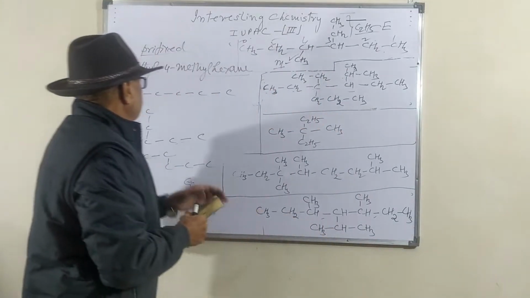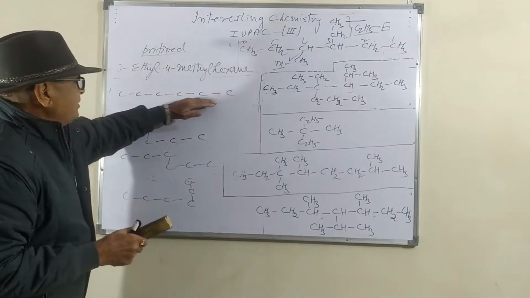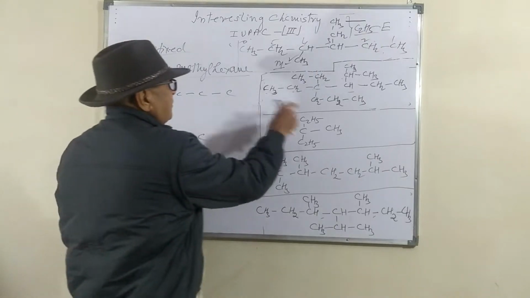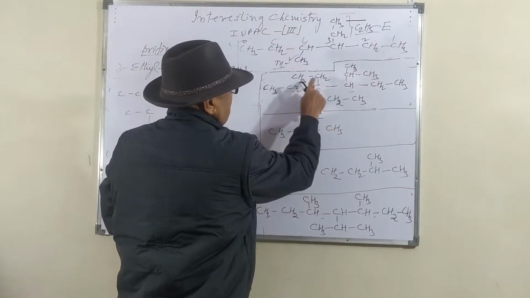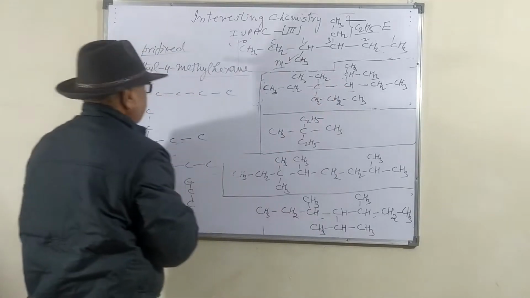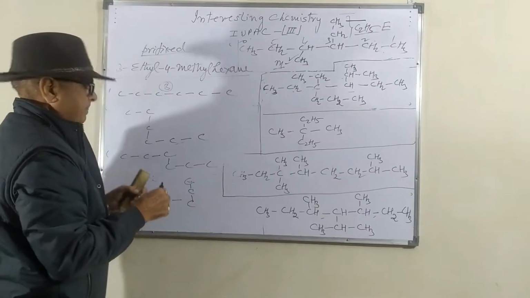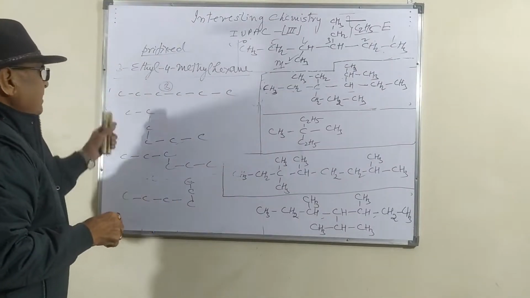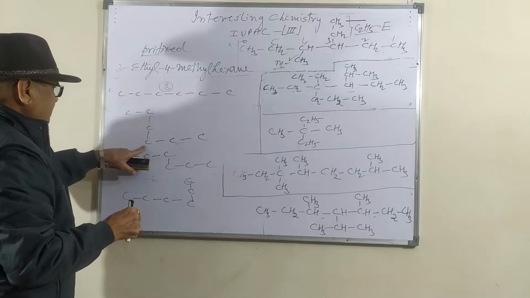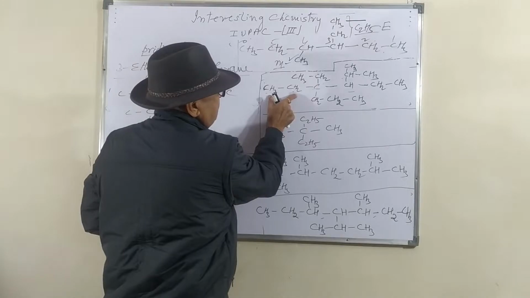So here consider this chain. If you select this longest chain, you will find 1 substituent group, 2, 3 substituent groups on this chain. Again, consider this structure.